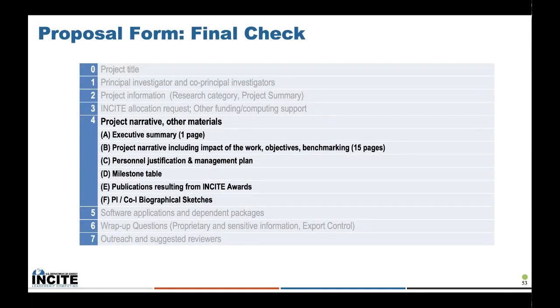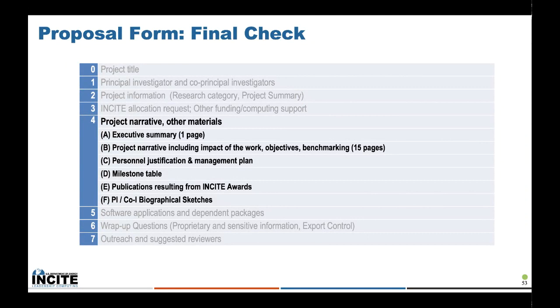Yeah, so this is a summary slide. So the final checklist. Your INCITE proposal should have an executive summary, which is 1 page, and a project narrative, including impact of the work, objectives, and benchmarking. That's the major part of the proposal, 15 pages. It should also have personnel justification and management plan, a milestone table, publications resulting from the INCITE award, and PI and co-PI biographical sketches.